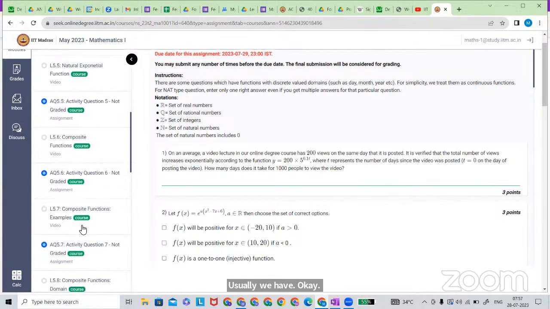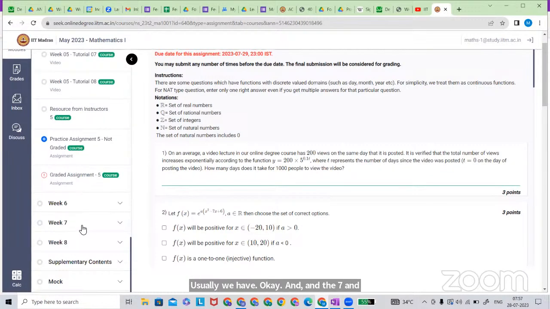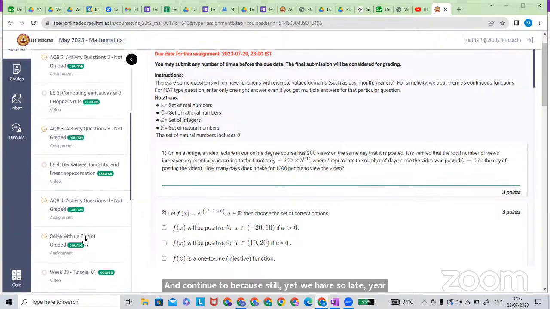And in weeks 7 and 8, try to get the limit of sequences and limit of functions, and continuity, because till 8 it is only on derivatives also.